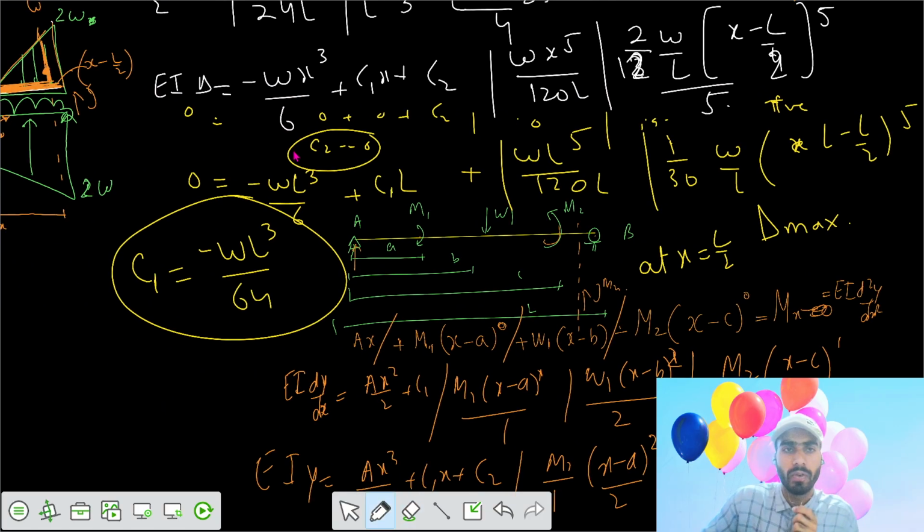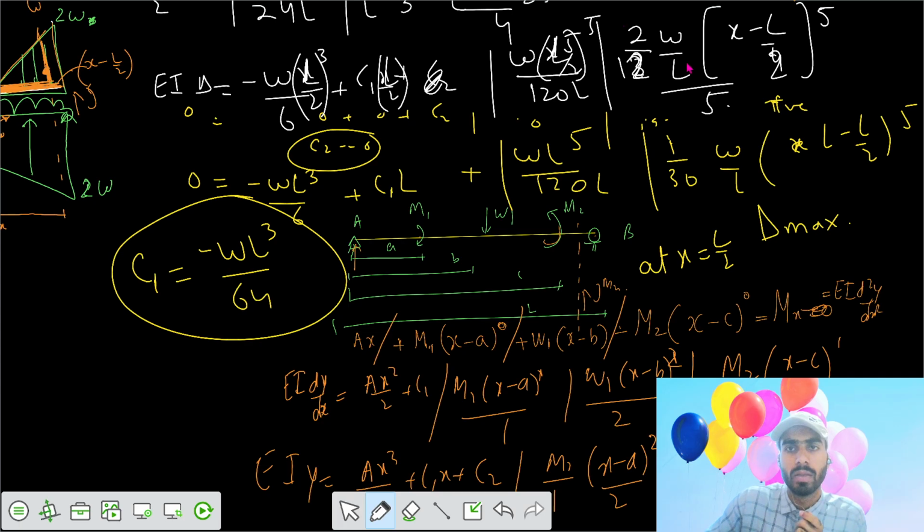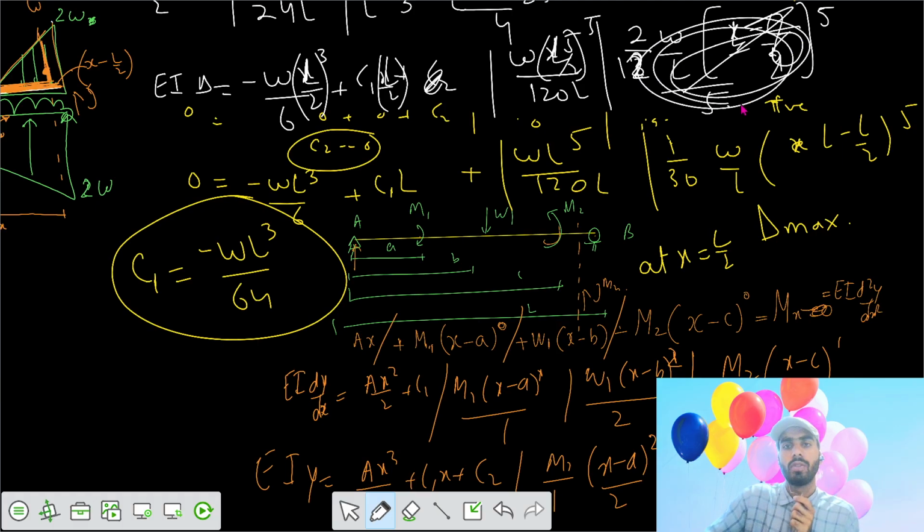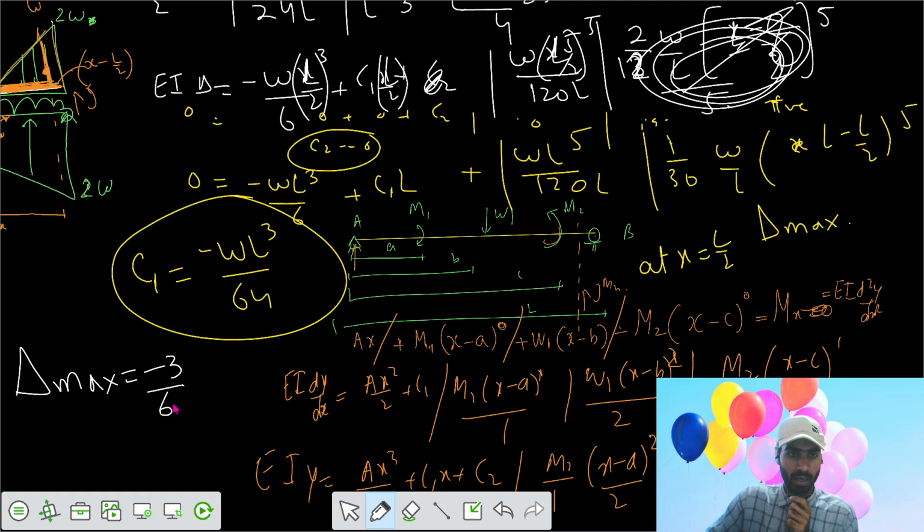We substitute x equals L by 2 whole cube, then L by 2 power 5. Similarly here L by 2 minus L by 2 is 0. Then delta maximum comes out to be equal to minus 3 by 640 wL to the power 4 by EI.